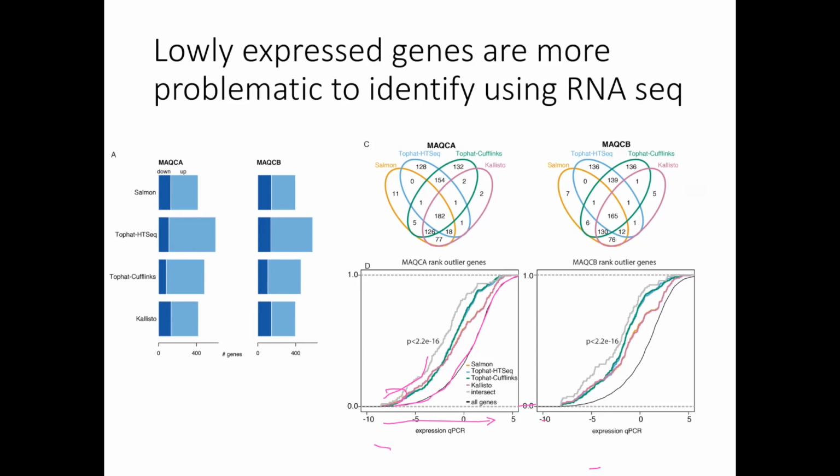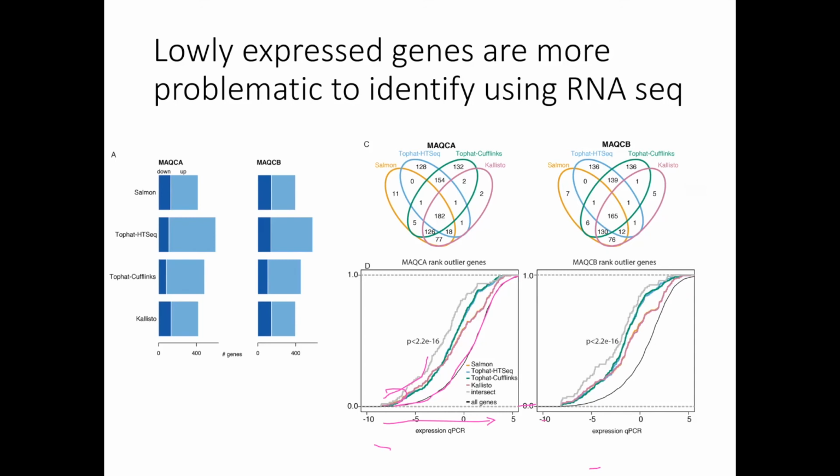If you look at the C, what you can see there is the ones that are differentially expressed between qPCR and all these different methods for assigning. And you can see that there are 182 that are found independently of what program you're using. And then there are some that are unique depending on the method you're using.